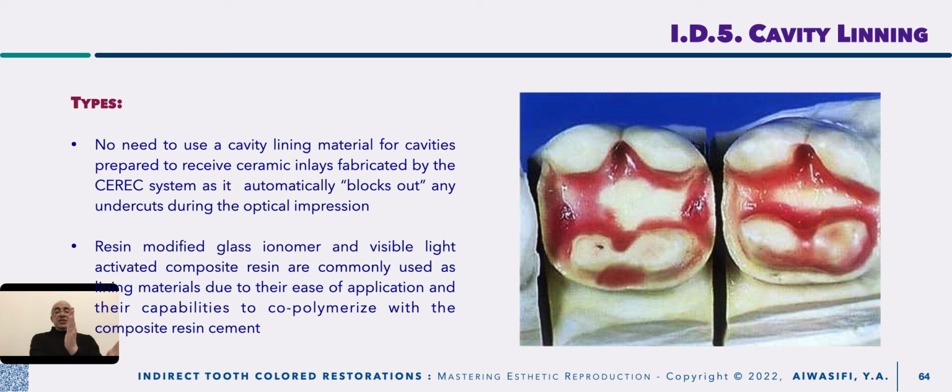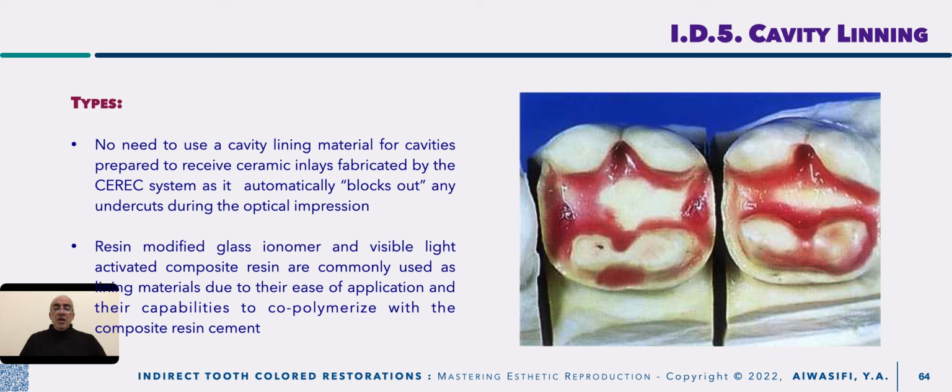Any deviations in the form of undercuts will not be seen and will not be recorded by your optical impression. Okay, and the space of this undercut in the wall will be occupied by your resin cement. That's why you do not need to use lining for blocking out undercuts.